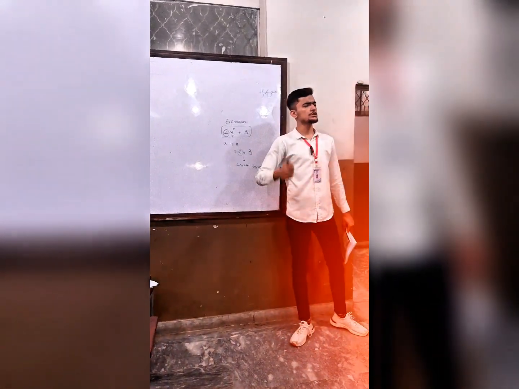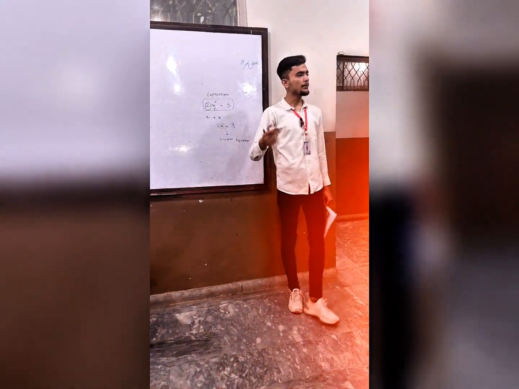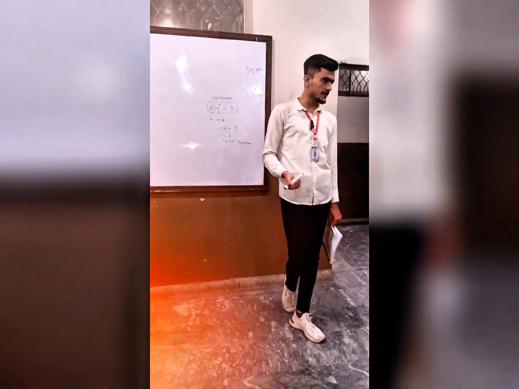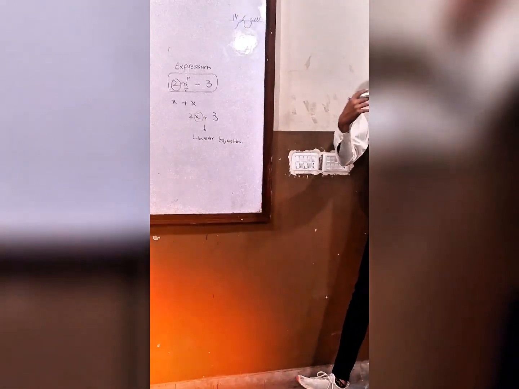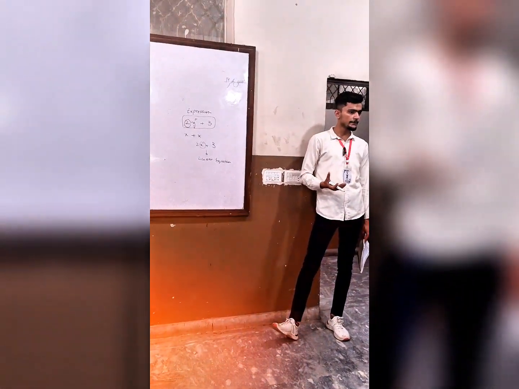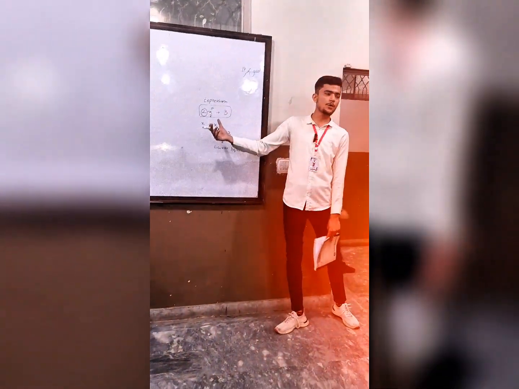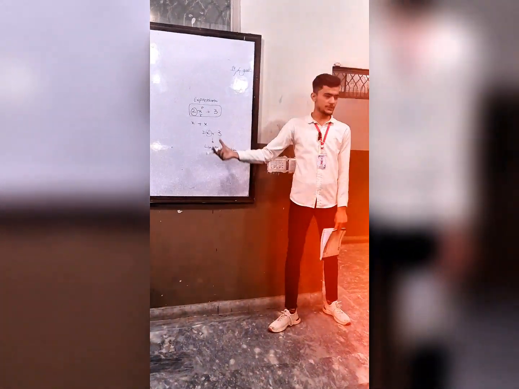When the highest power is 2, we call it quadratic or power 2 expression. If the highest power of x is 3, we call it cubic. So on the basis of power, we categorize the expressions.